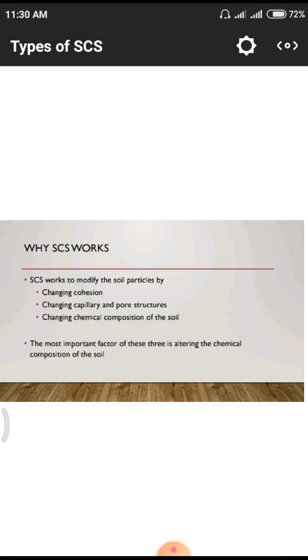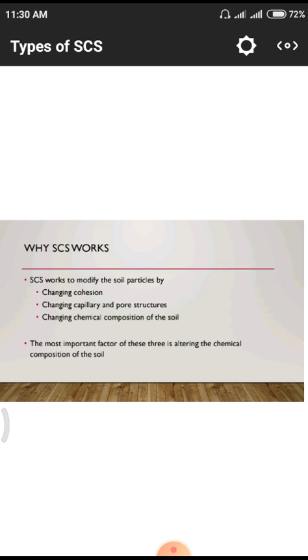Why does this soil cement stabilization work? For changing cohesion, that means the types of soils' cohesion properties, and changing capillary and pore structures. Capillary means normally there is a void, and automatically the water will enter into the structural grains. There will be some capillary rise.